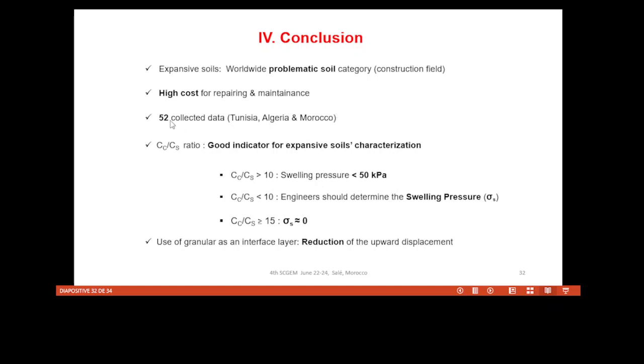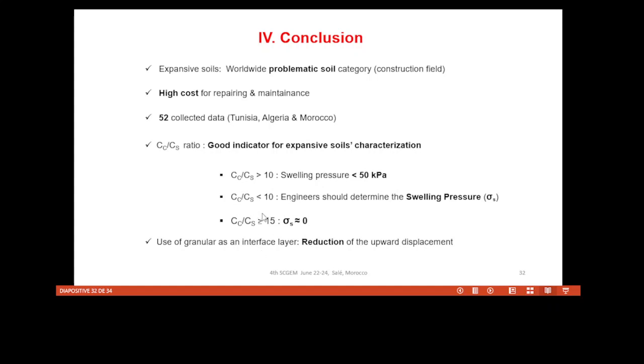After about 50 collected data from the Maghreb, Tunisia, Algeria, and Morocco, we showed that the Cc/Cs ratio is a good indicator for expansive soil characterization. And the main result here is that when this ratio is over 10 and the swelling pressure is less than 50, it is a moderate or marginal swelling soil.